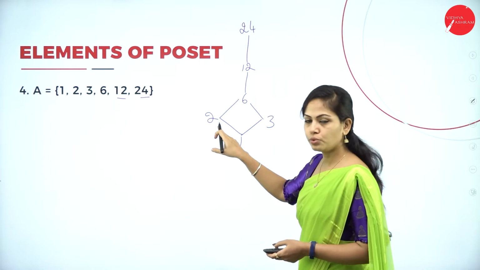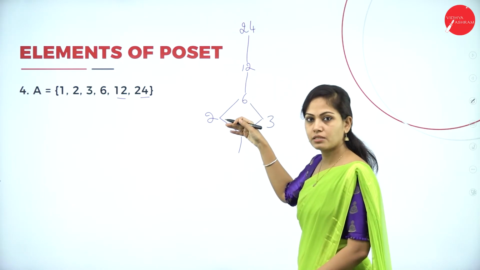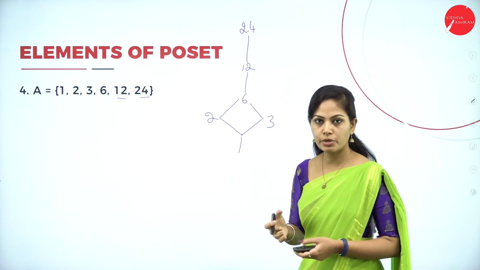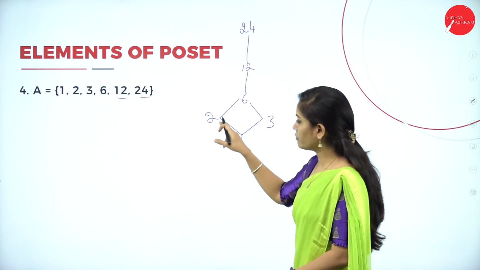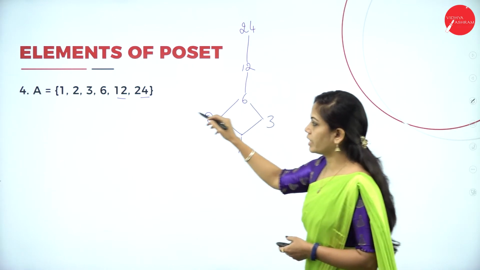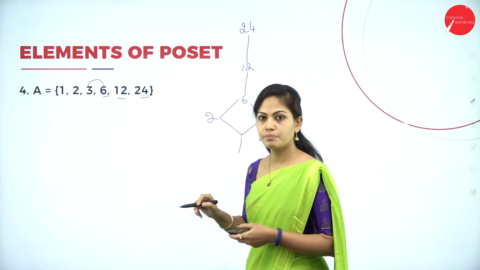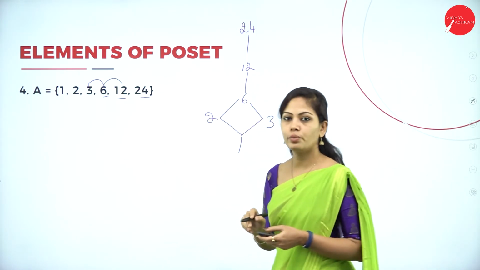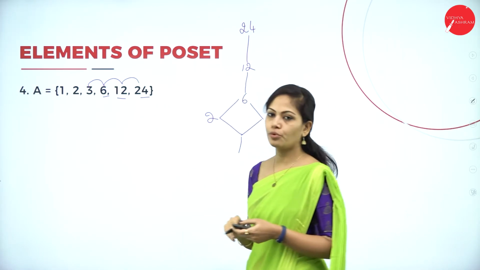1 can divide 2, 1 can divide 3. 1 can also divide 6, but if I remove the transitivity, self-loop and asymmetric property, then I can directly draw a Hasse diagram. So 1 can divide 2, 1 can divide 3, and 2 can divide 6, 3 can also divide 6. And the next element is 12, 6 can divide 12 and 12 can divide 24.